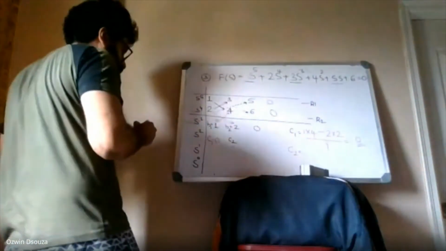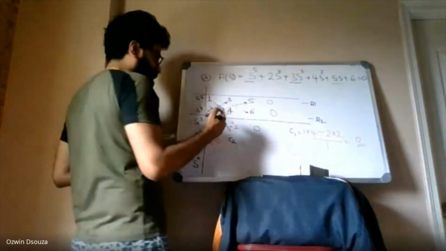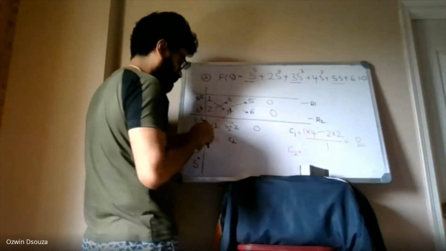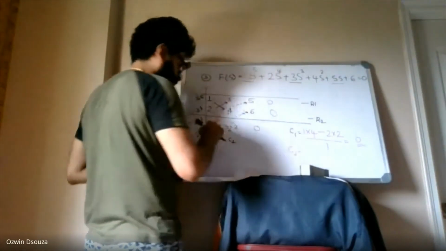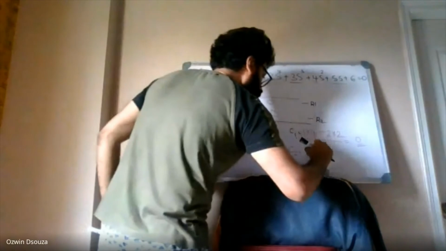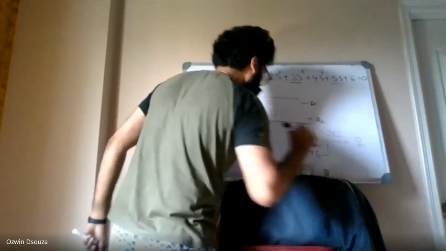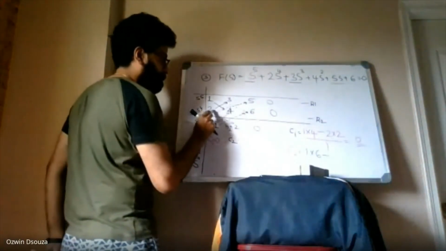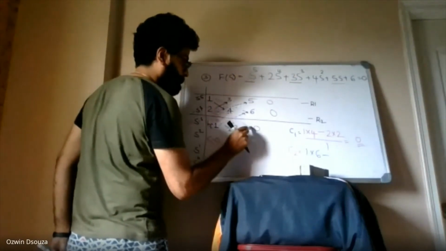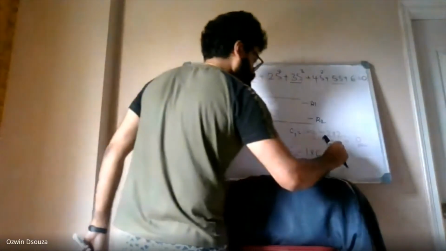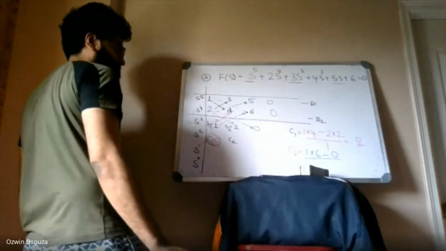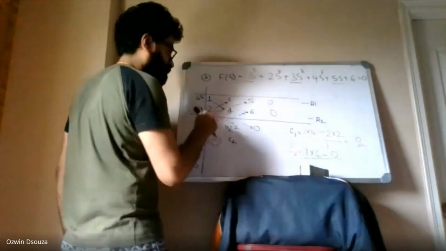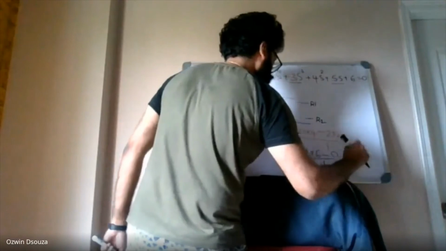How will you find C2? C2 is found by multiplying 1 into 6 minus 2 into 0, that is 0, divided by B1.